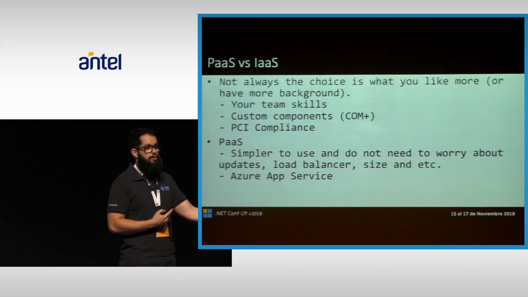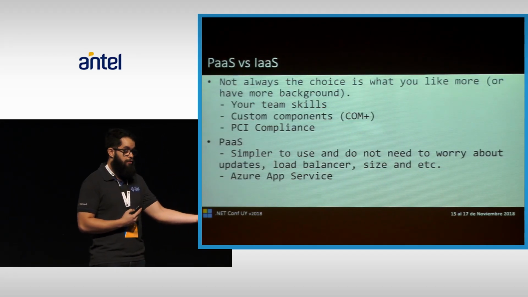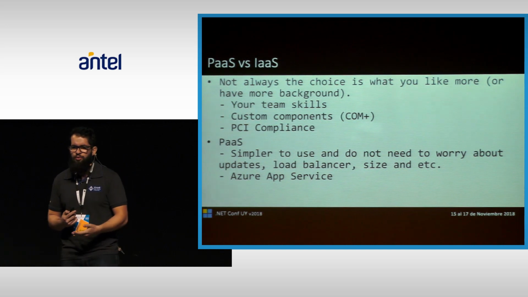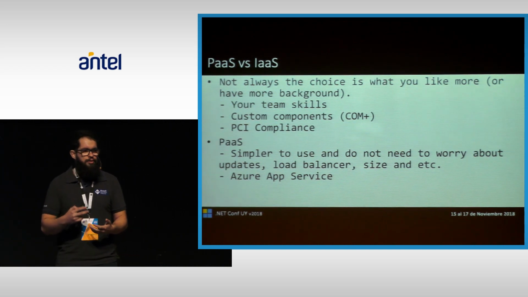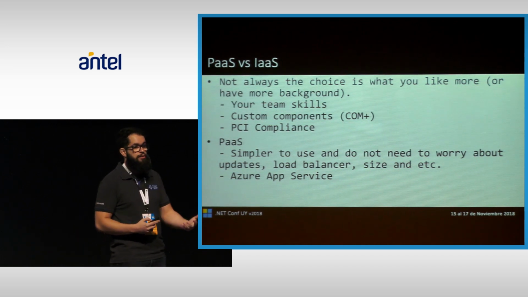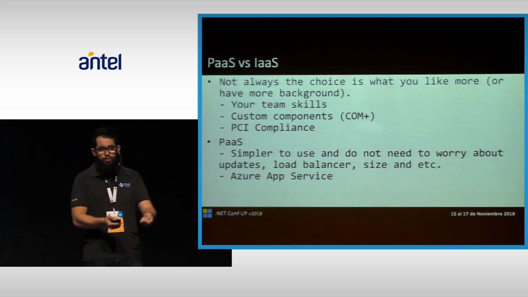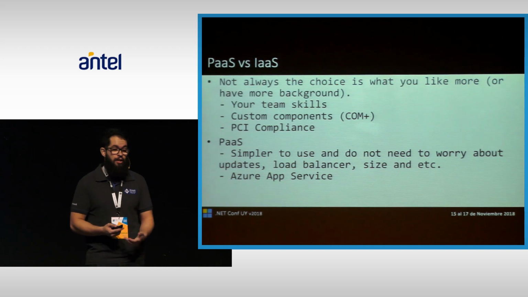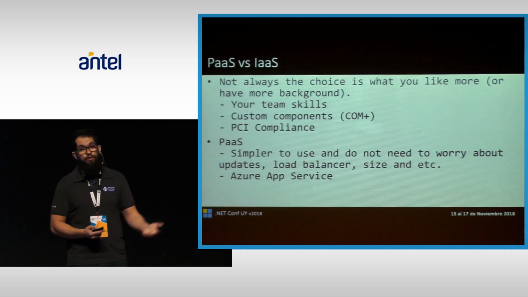As a developer, that's mainly what I like to do. I like PaaS, platform as a service, because I don't need to worry about load balancers, scale up, scale down, and VNets and all that stuff. I just need my code to run, and that's what I like more. But the first point is, it's not always an affinity choice. I can't always choose PaaS because I like it more.